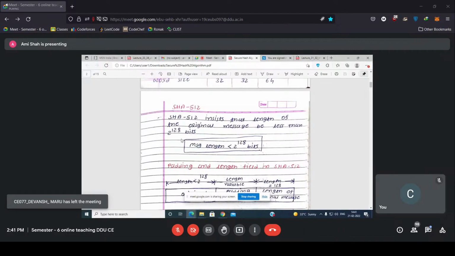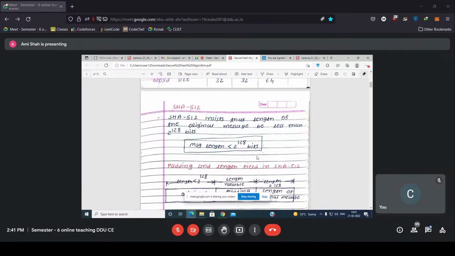Here I can say that SHA-512 insists that the length of the original message be less than 2 raised to 128 bits. That 2 raised to 128 bits is probably larger than the total storage capacity of any system.